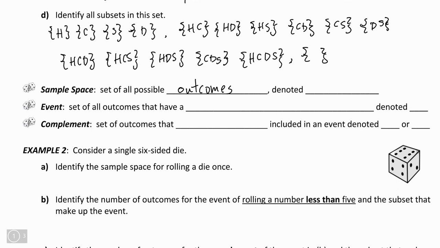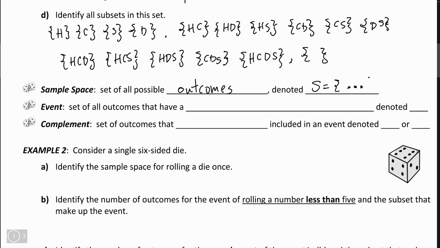Our classroom is just a subset of that sample space. And I'm going to denote this as S equals, bracket, and I'll put a dot dot dot. The sample space itself is a set, so you can use set notation.